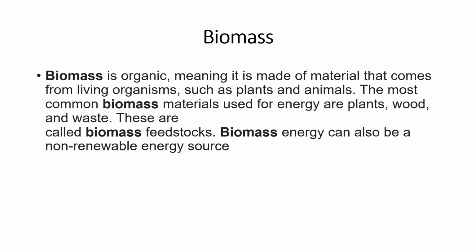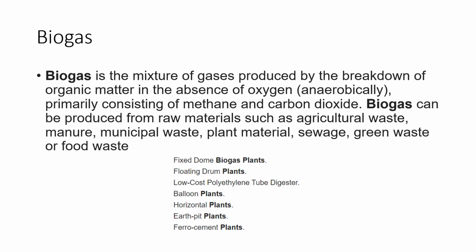One way is that we can directly burn the materials, like we can burn wood, and cow dung can be dried and burned to get energy from that. And there is another method of harnessing biomass, which is biogas.